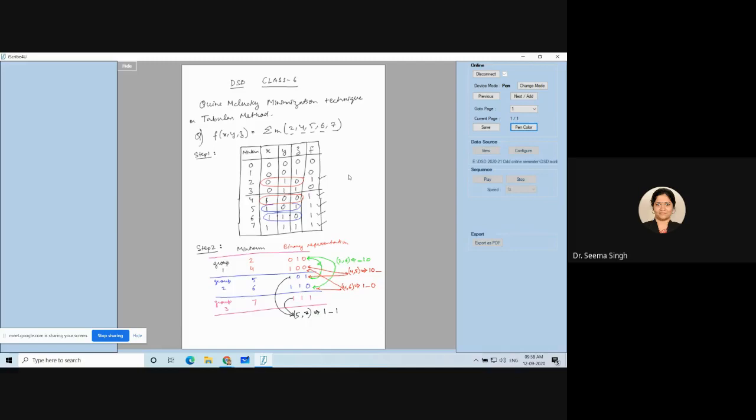Same way, grouping between 6 and 7 is possible, which gives me 1-1 dash. Is this clear?